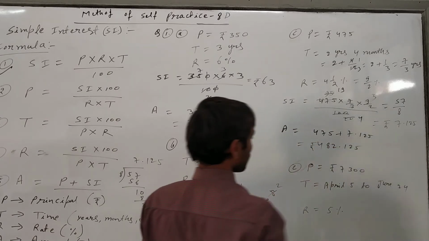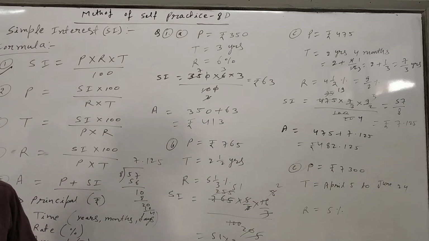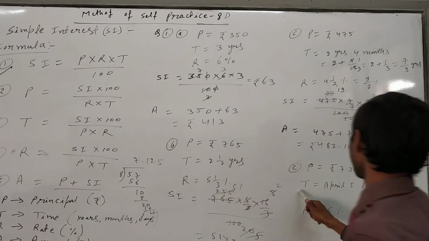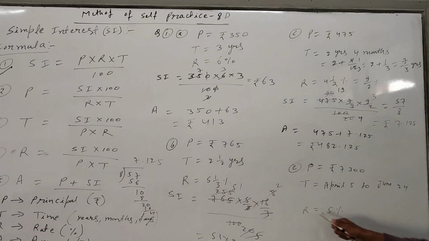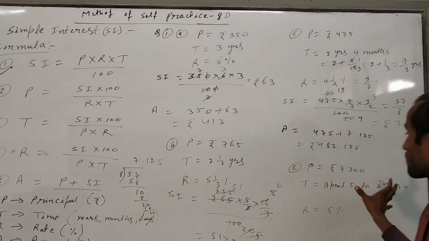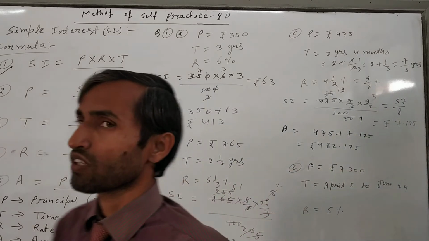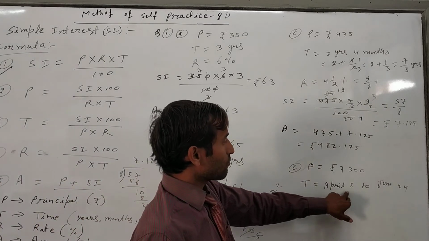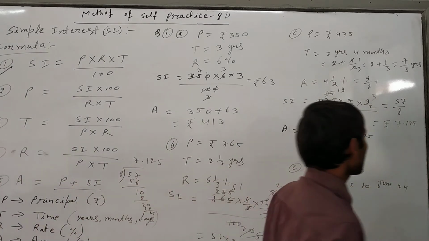Okay, amount. Now we have to find the E part. In the E part here, principal is given 7300, time is given like this only, and rate is given 5%. So first of all you have to calculate the time. So how many days in between this, and how many years or any month. So here 5 April to 24th June.